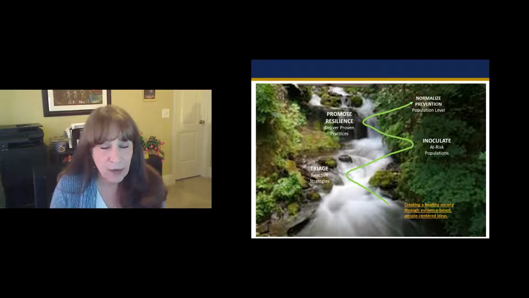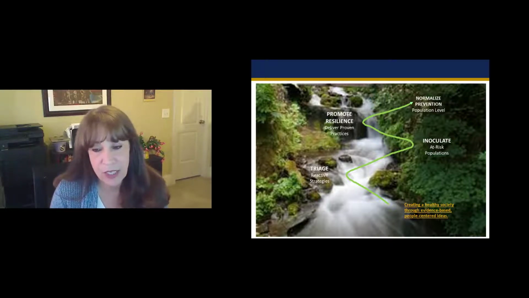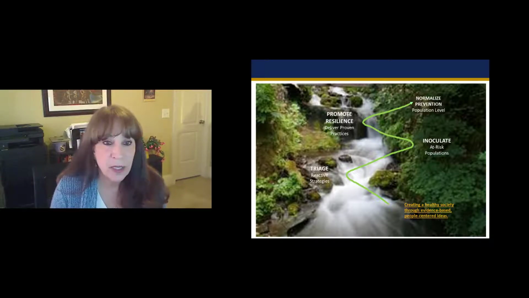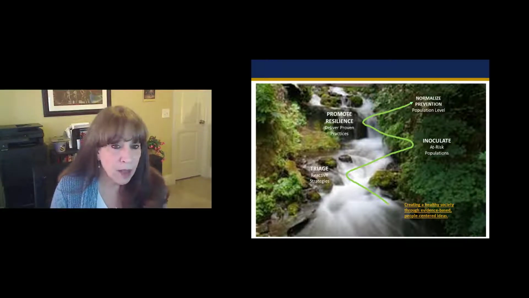So starting down here, I don't know if you can see my cursor, but in the triage part of the stream, we have mostly reactive strategies. Here we have really what is more about problem management, chronic problem management. So it's when problems have already arisen, and we have a focus on what we call deep enders.